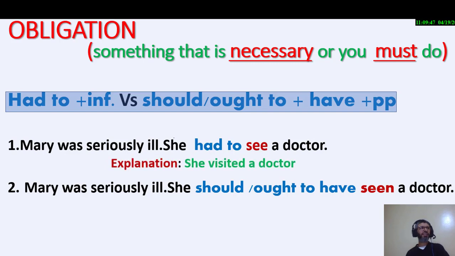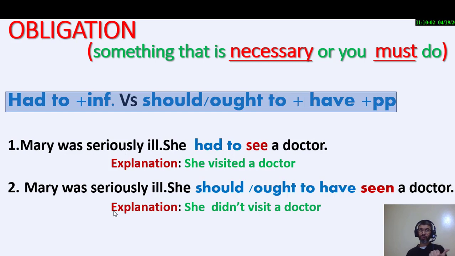She visited the doctor. It was necessary for her to see a doctor, and she visited the doctor. For 2, the explanation. She didn't visit a doctor. She was obliged. It was necessary for her to see a doctor, but she didn't.